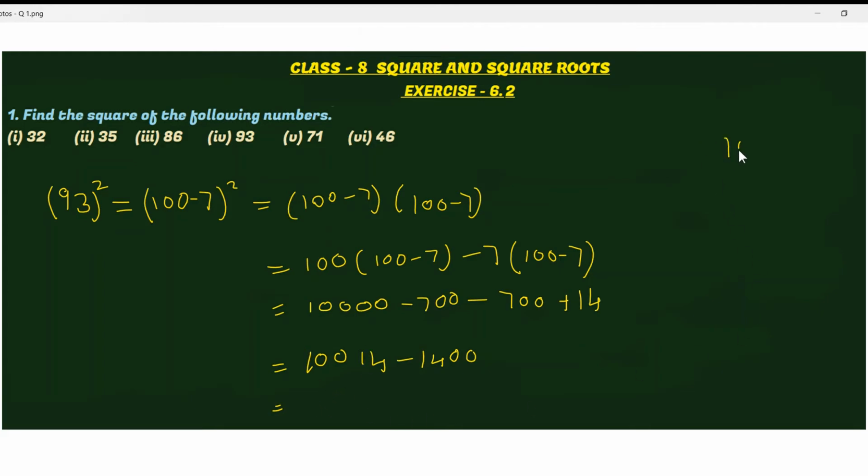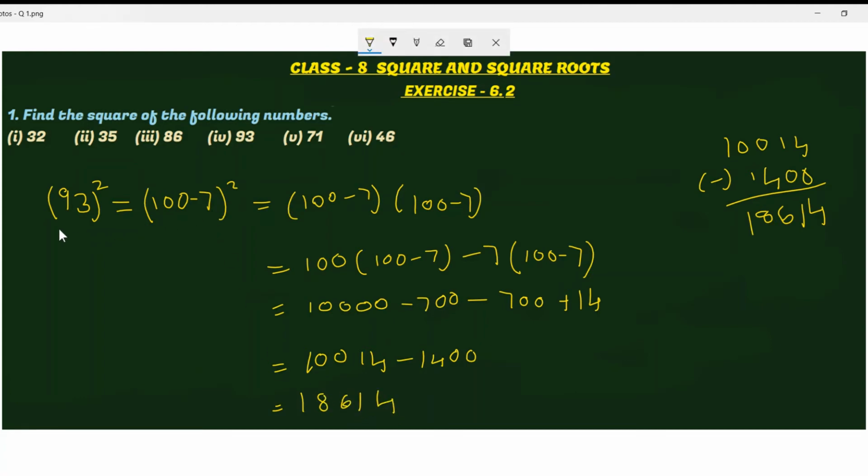So if you subtract 10,014 and 1,400, you will get 8,614. So your answer is 8614.